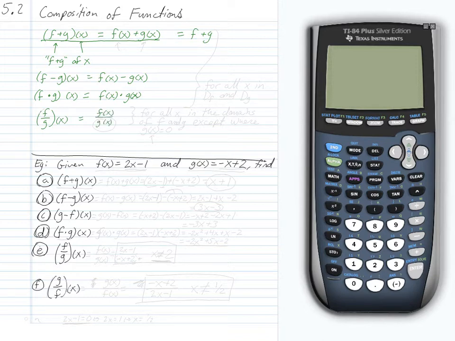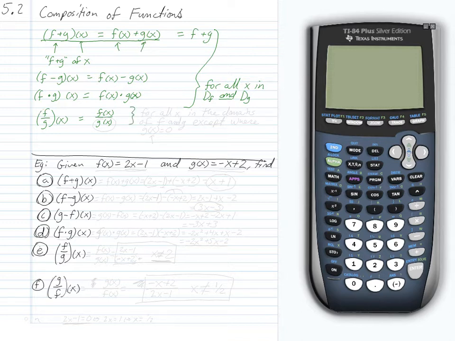Alright? Now all of these definitions, the first three at least, work for all x in the domains of f and g. In other words, we can't plug something into f plus g of x unless we're allowed to plug it into f of x and into g of x. Now this last one is a little bit slippery.